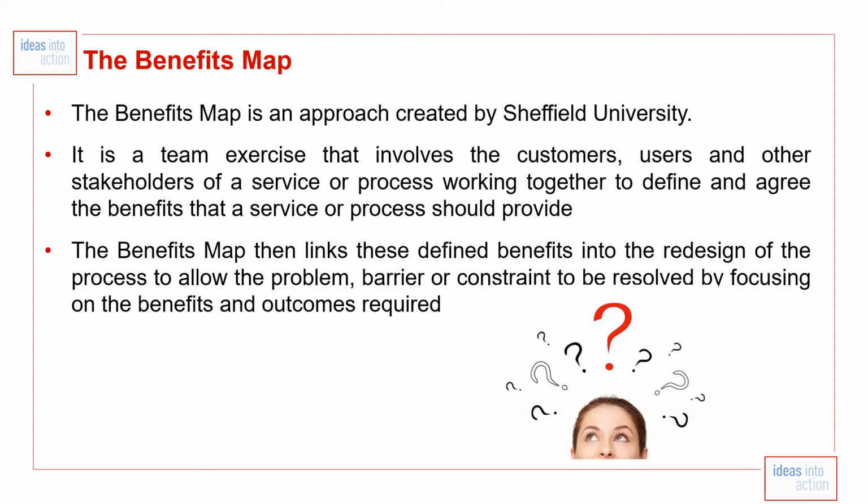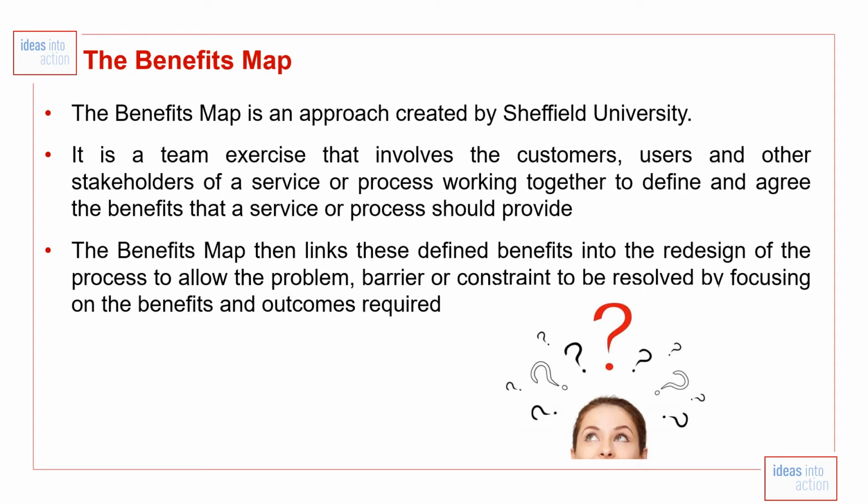And the way it works is by drawing a benefits map, which is an approach created by Sheffield University here in the UK. It's a team exercise and it involves customers, users, and other stakeholders of the service working together to define and agree the benefits that a service or a process should provide.